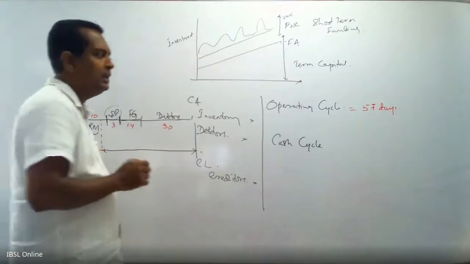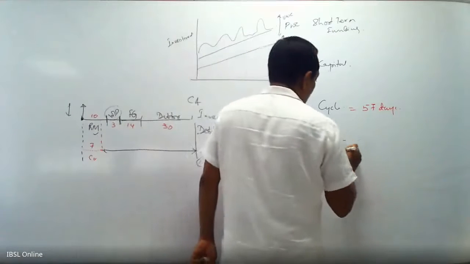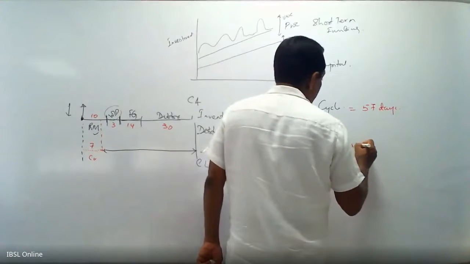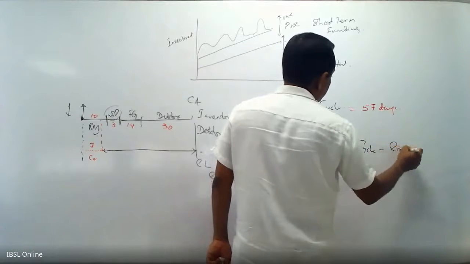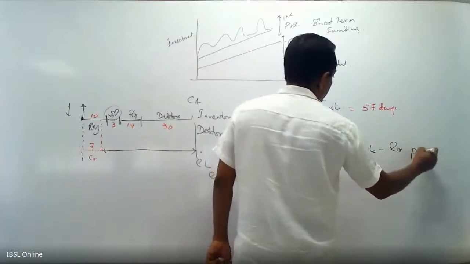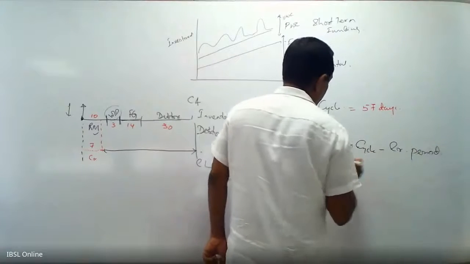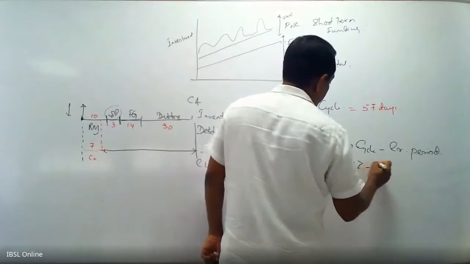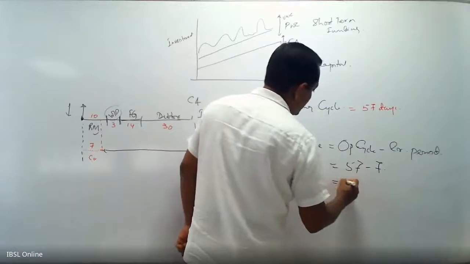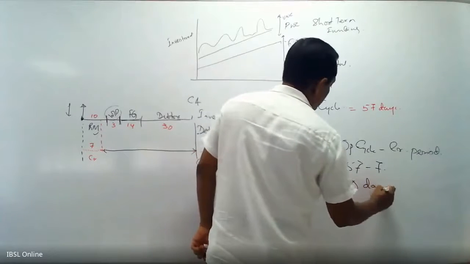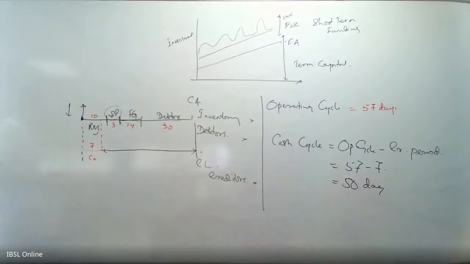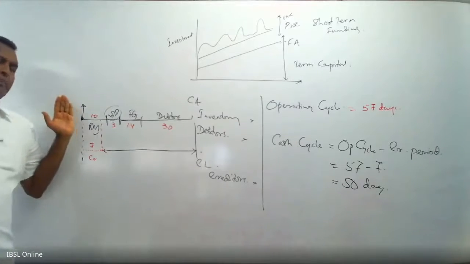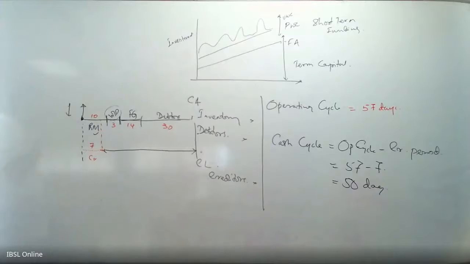Cash cycle equals operating cycle minus credit period, right? Which is 57 minus 7, which is 50 days in this scenario, right?